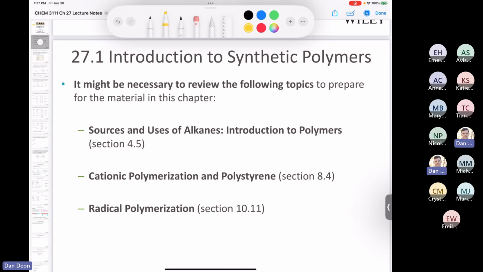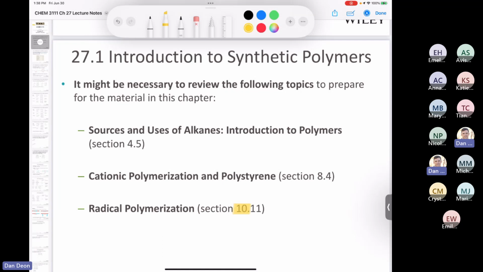And then the last part is radical polymerization. Well, that's the first kind of polymerization we're going to look at today. And of course, free radicals are covered in chapter 10. So if you need to review your radical chemistry and your fishhook arrows, take a look at chapter 10.